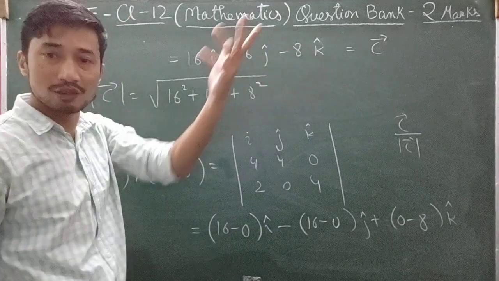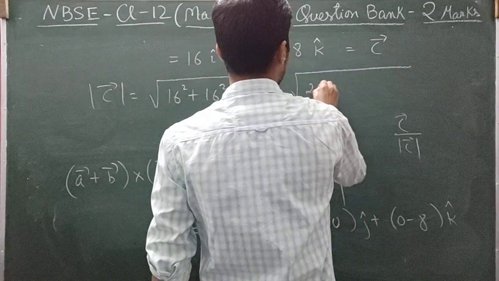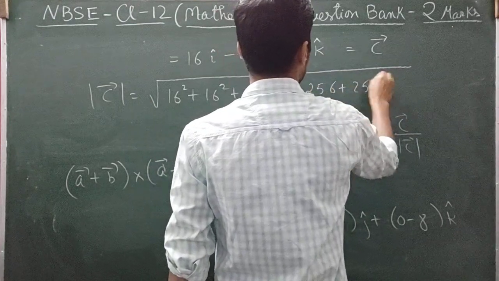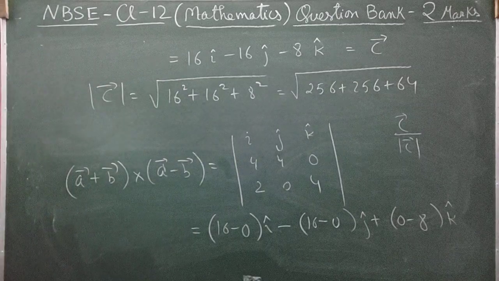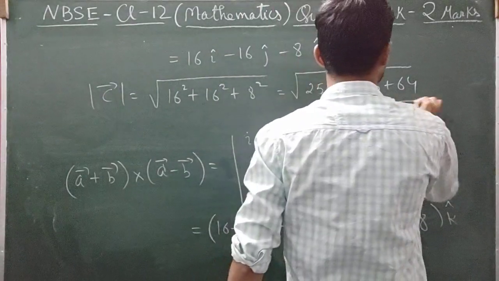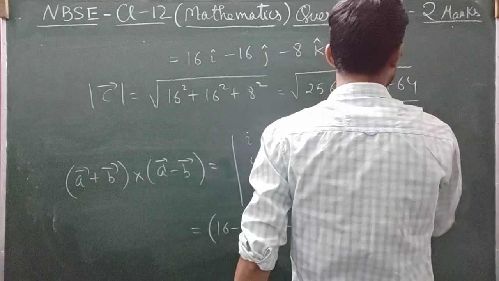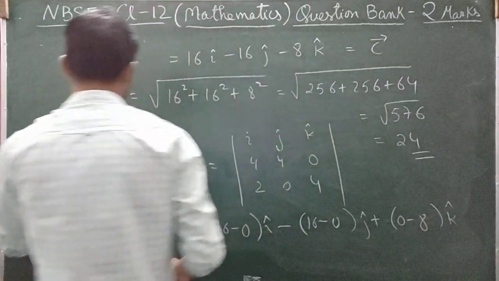That's why we used to write directly positive values only. So 16 square, 256, 64. So that, of course, would be 576. So that value would be 24.